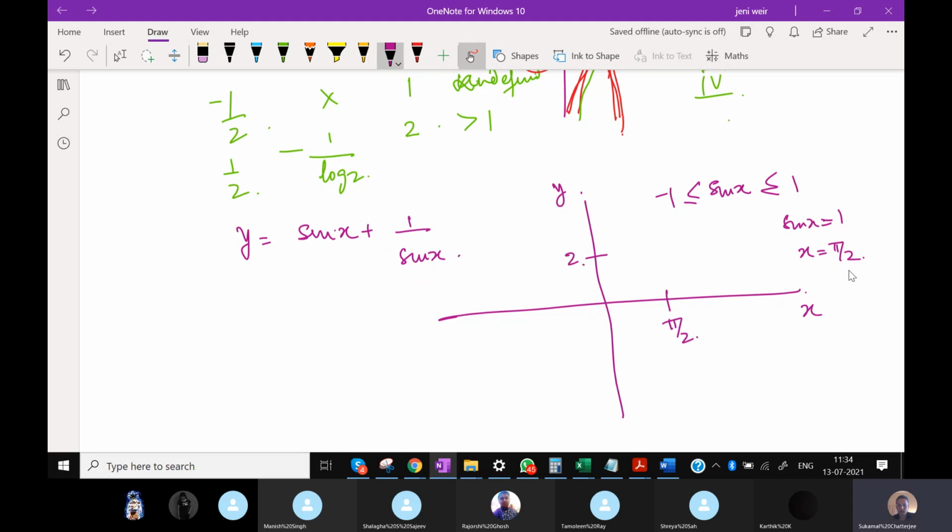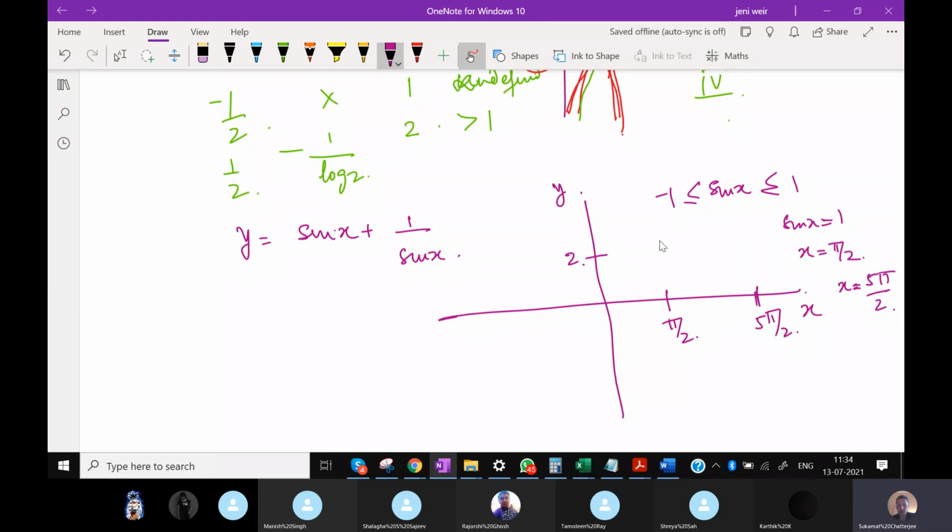Once again, when x is equal to 5 pi by 2, then once again it will reach its minima.